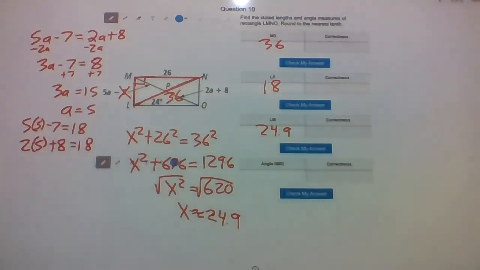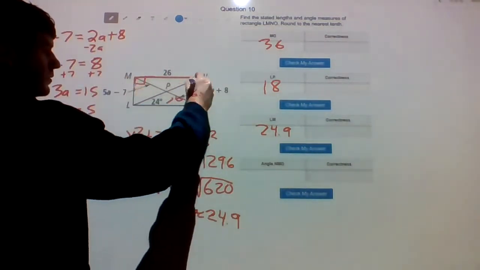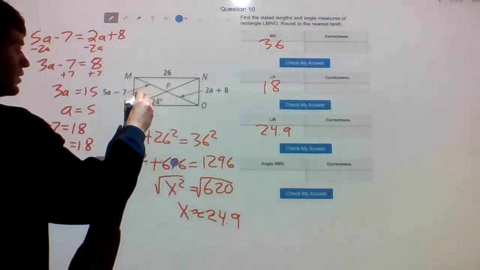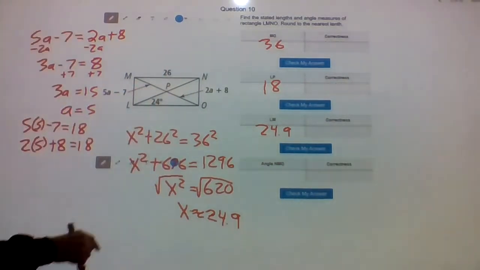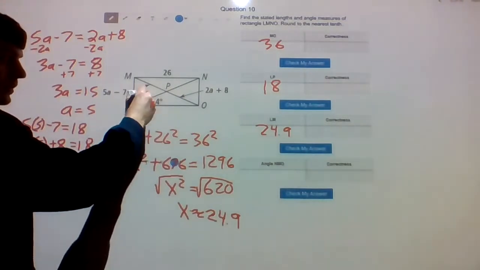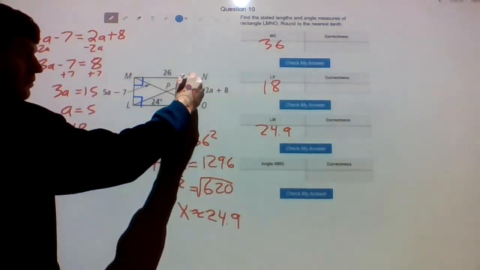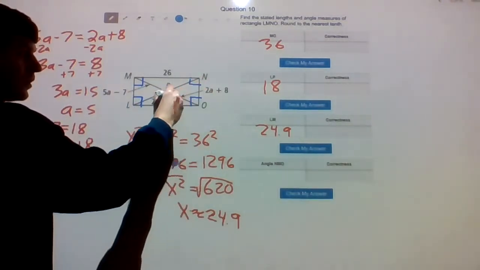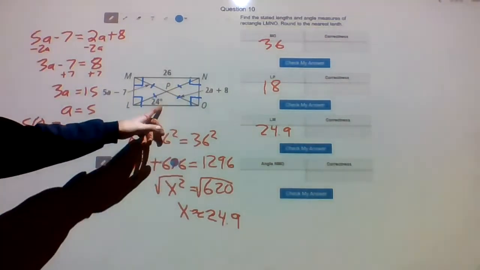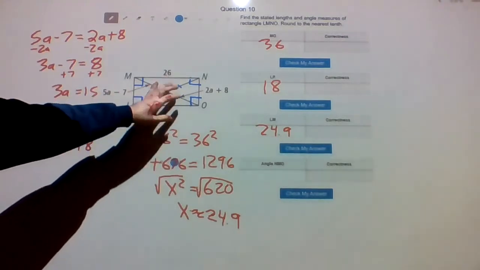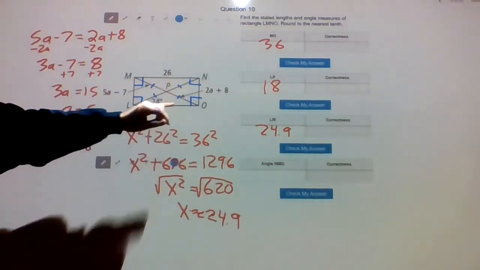Right, and then the last part of this one, angle NMO. So let's change this up and do the angles. We know all these angles are 90 degrees, and we also know all these pieces in the middle are congruent. So we have four isosceles triangles, but two different pairs that are congruent.